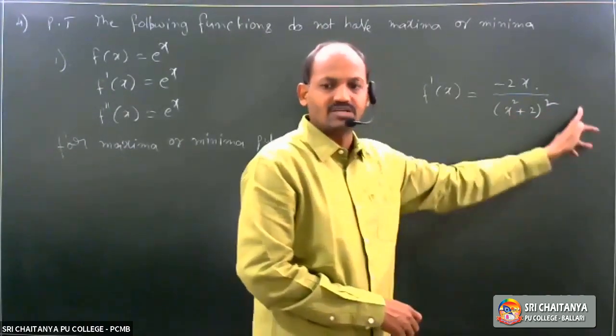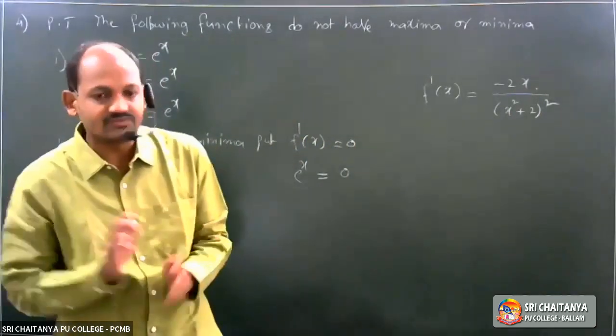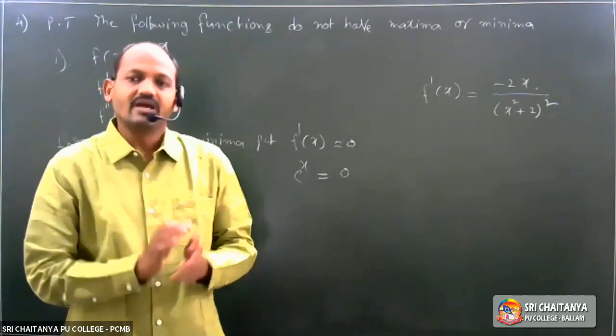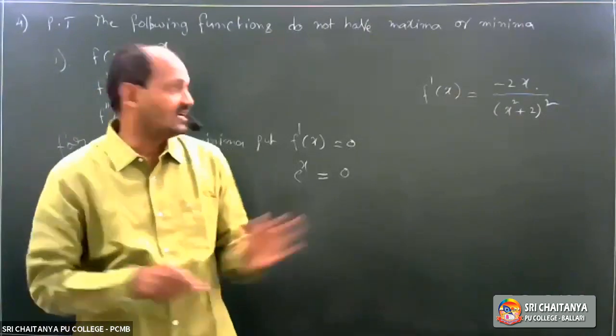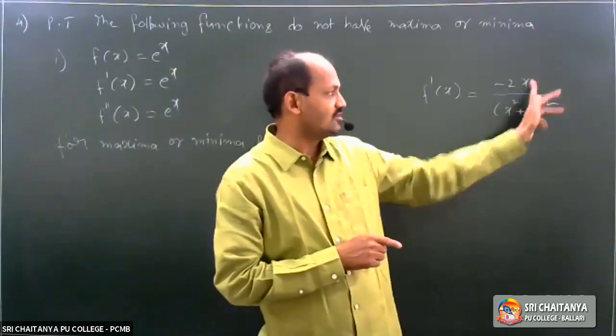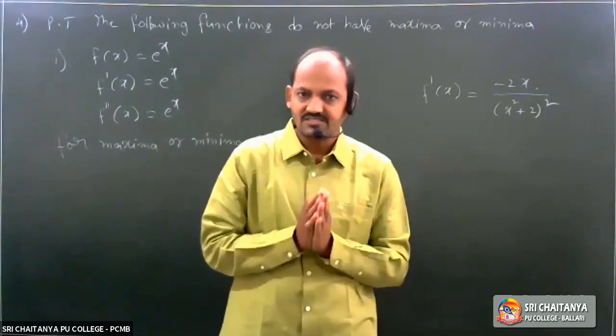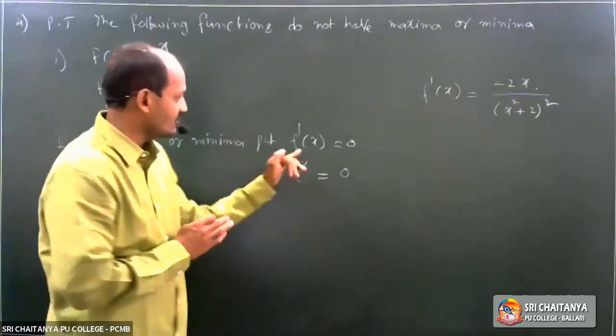By cross multiplication, minus 2x equal to 0, then we get x equal to 0. That x equal to 0 satisfies this first derivative, since 0 divided by anything is 0 and the function exists. But here, first derivative equal to 0.